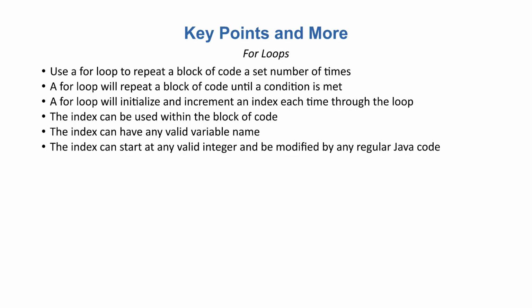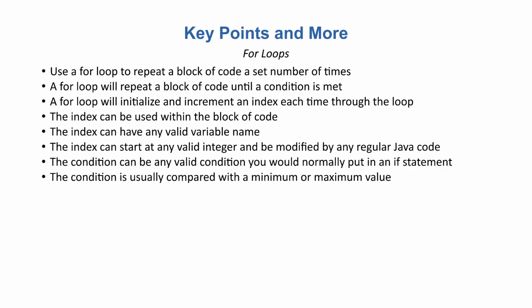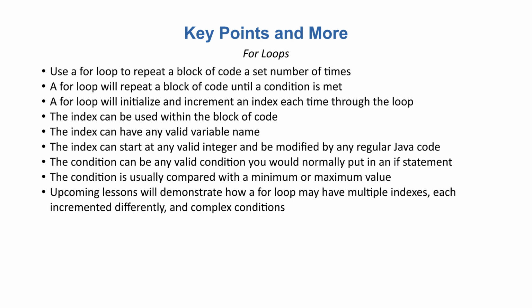It is usually modified with an increment or decrement operator. The condition of a for loop can be any valid condition you would normally put in an if statement. The condition is usually compared with a minimum or maximum value. Upcoming lessons will demonstrate how a for loop may have multiple indexes, each incremented differently, and complex conditions.